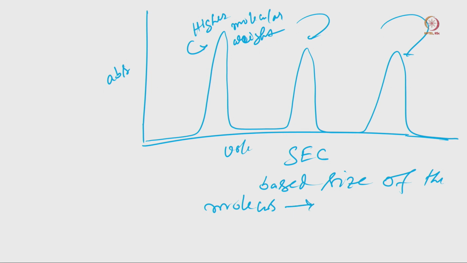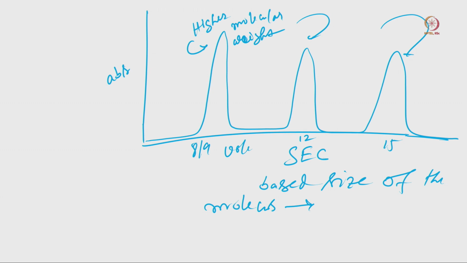In one particular volume, generally a very large molecule we can collect at something like 8 ml or 9 ml, then 12 ml, then 15 or 17 ml. Based on that size, it is going to separate.